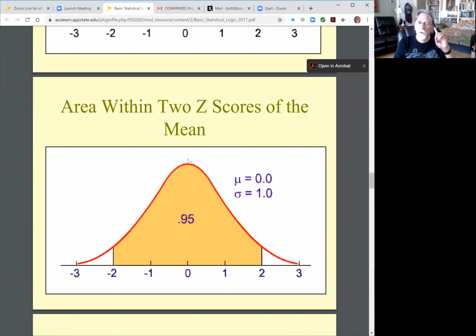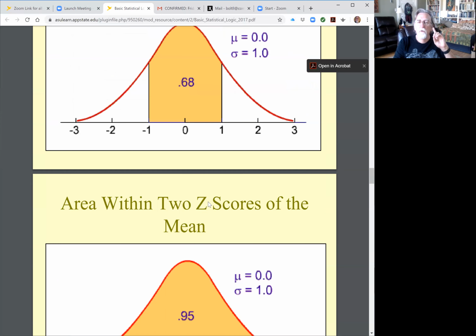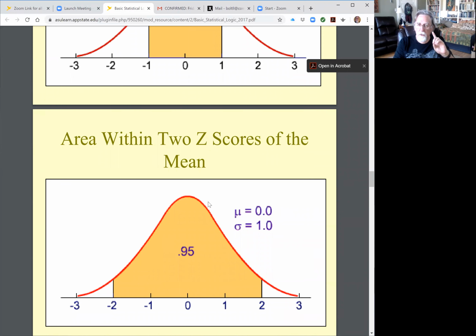But the logic here is that we can know what that distribution looks like, whether it's a standard normal distribution or some other statistic, we can know what critical values are, in this case, -2 and 2. In the social sciences, sometimes we call it the rule of twos. If you have a value that's 2 standard deviations above the mean versus a value that's 2 standard deviations below the mean, we would say anything outside of that is a significant difference.